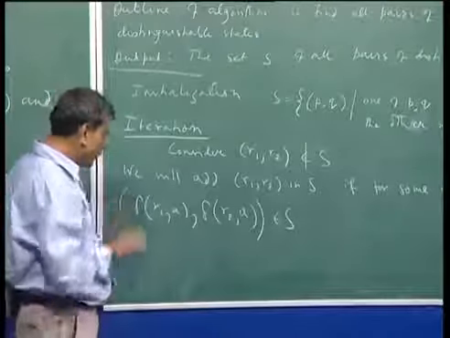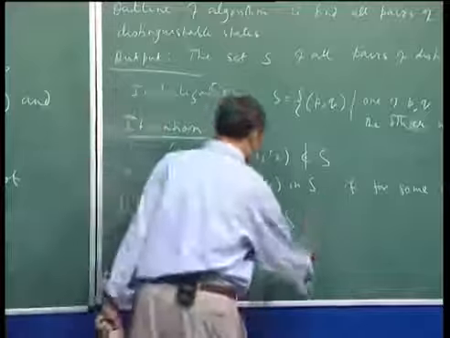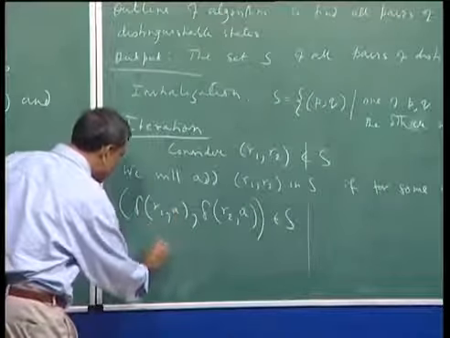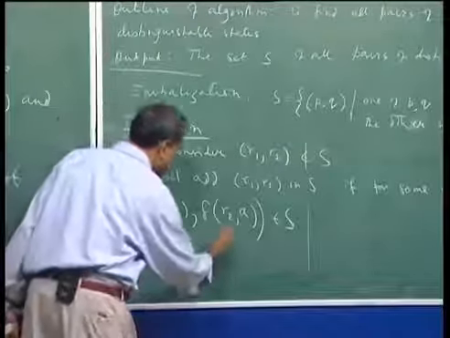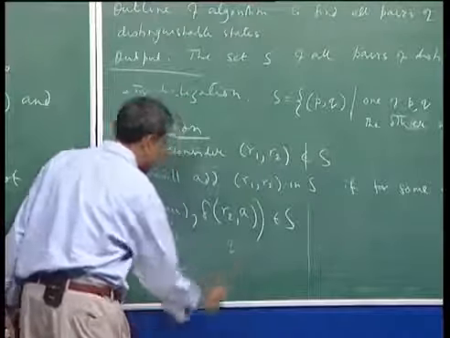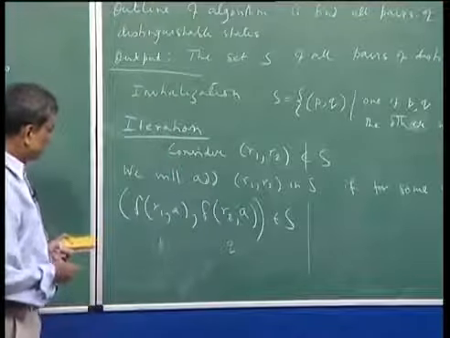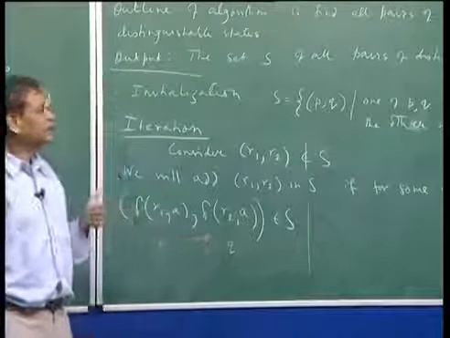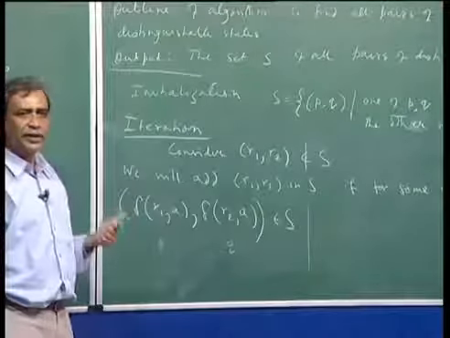What is the justification? Suppose delta(R1, A) is P and delta(R2, A) is Q, which means that PQ was already in S and therefore they are distinguishable.